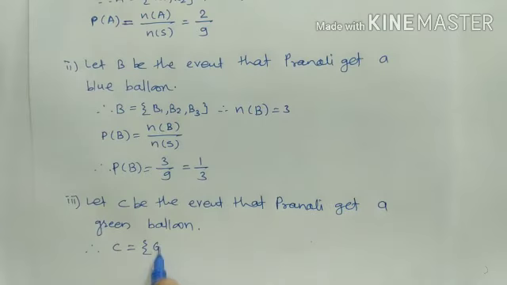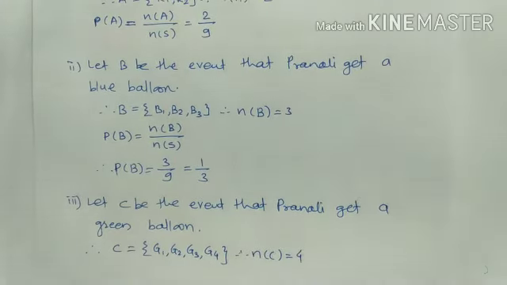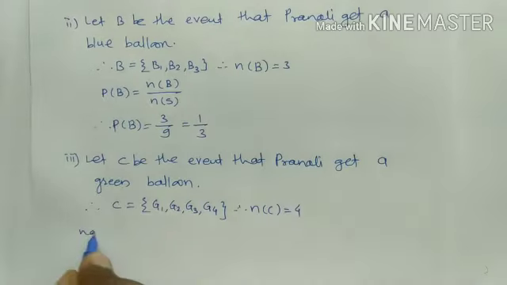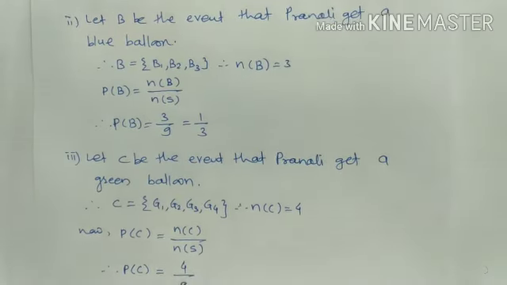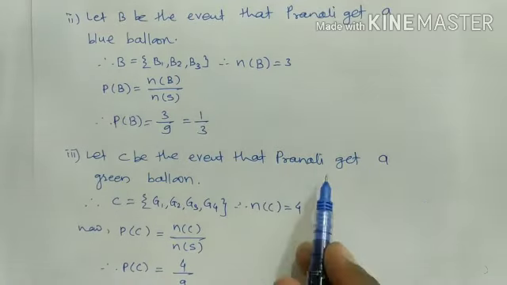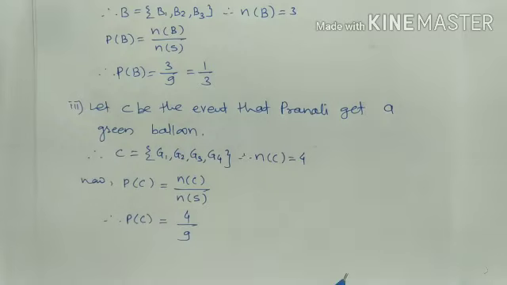These are G1, G2, G3 and G4. Therefore number of C equals 4. Now the probability of event C equals number of C upon number of S, and therefore the probability of event C equals 4 upon 9. That is, the probability of the event that Pranali gets a green balloon is 4 upon 9.